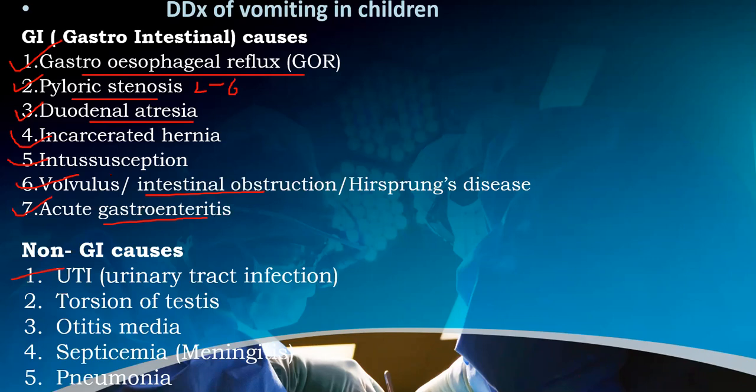These are all UTI questions. You ask about otitis media, you ask about meningitis by asking about fever and rash, and pneumonia by asking about cough and shortness of breath. For torsion of the testes, there is nothing to ask. We can do some physical examination, then we can rule this out.